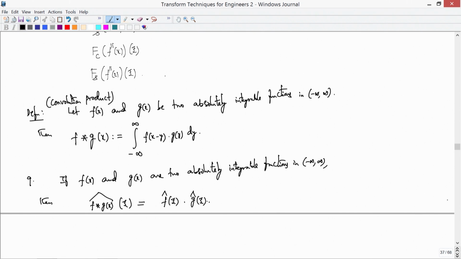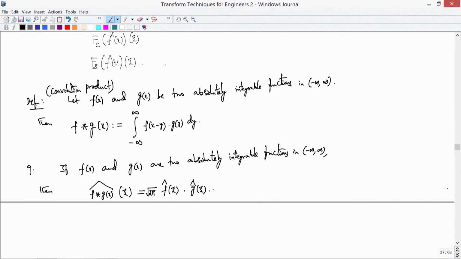Okay. So, you may get something like root 2 pi, so that you get a good identity. Why do we add this? You can adjust this by redefining your convolution product. You can remove this depending on the convention.